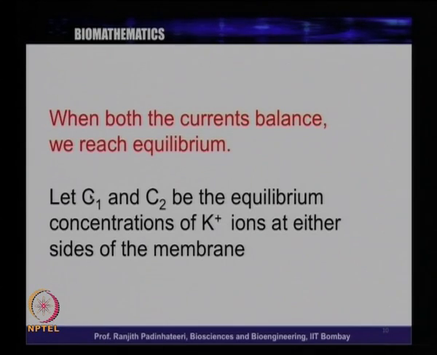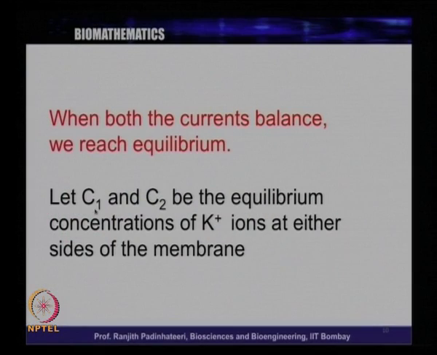At one side at equilibrium, that is when the flows are balancing, on an average C1 be the concentration on one side of the partition, the other side of the partition we have C2, the concentration at equilibrium. So, these are equilibrium concentration.